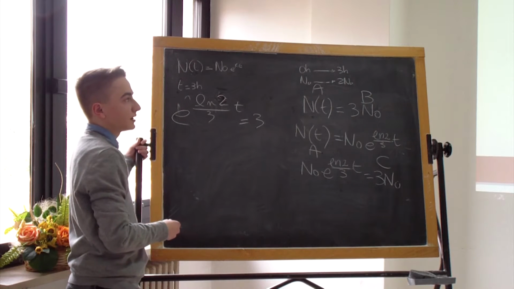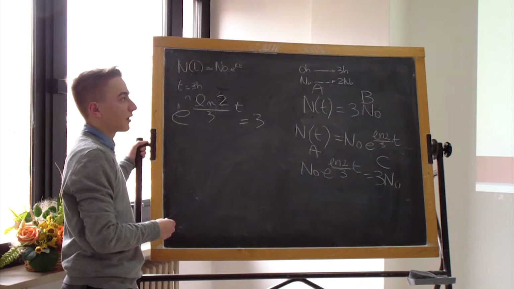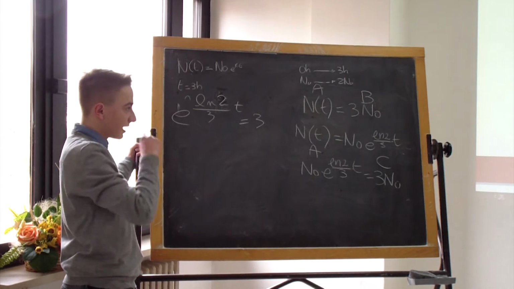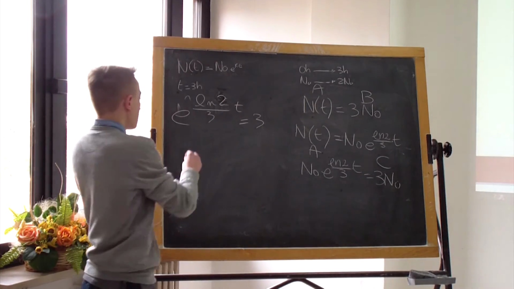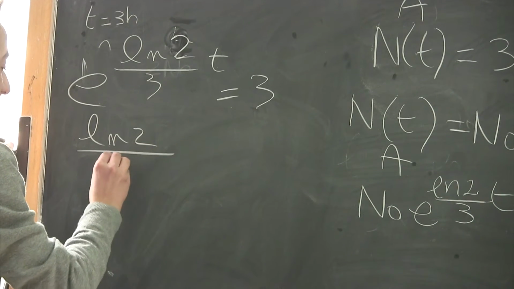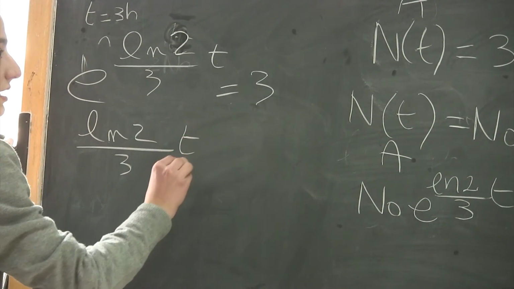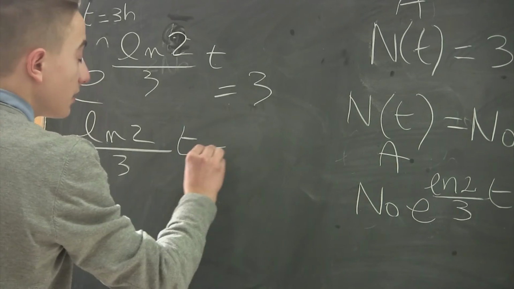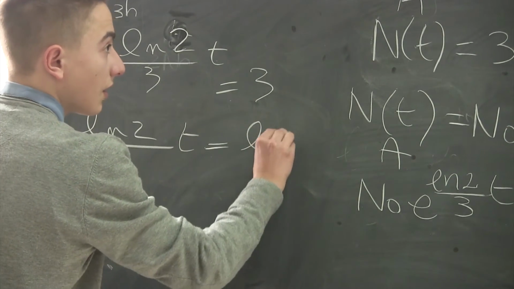Now we have to take again the natural log of both members, and we can write natural log of 2 divided by 3 times t is equal to natural log of 3.